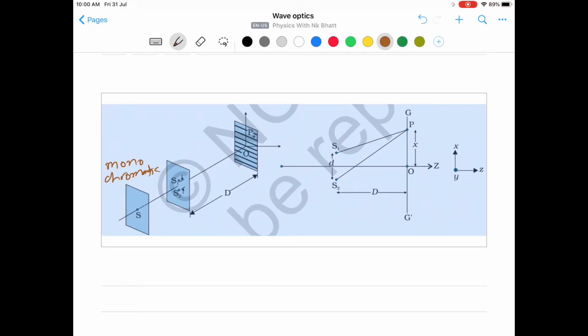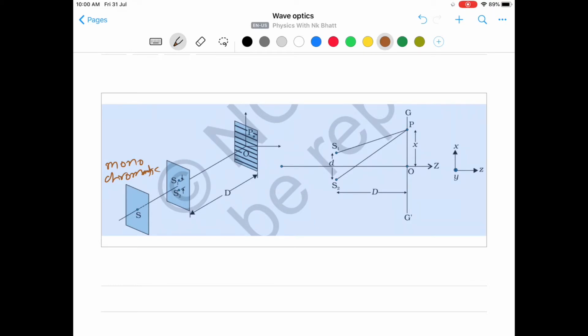This monochromatic source is used to illuminate two slits S1 and S2. These are two fine holes made in a sheet, and then a screen is placed at a little distance capital D away from the plane of the slits.